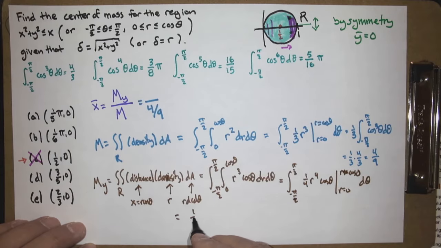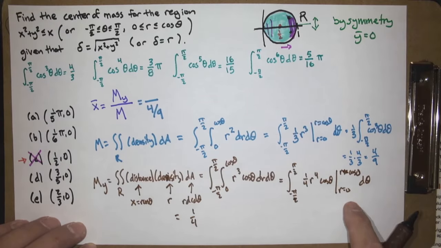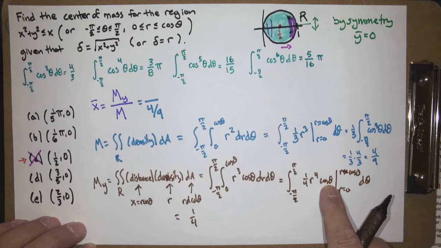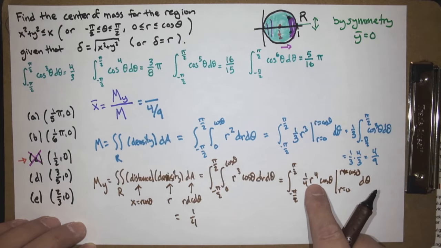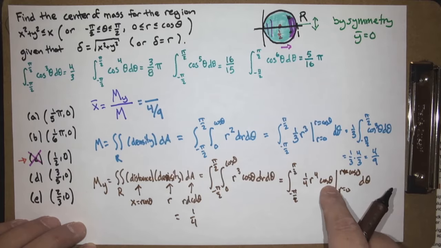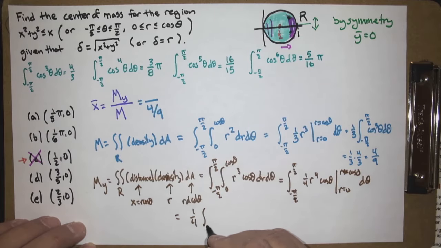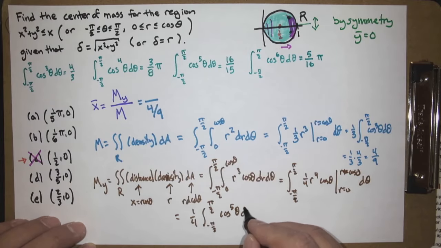Well, the 1/4 we can pull out. When you plug in 0, you get 0. When you plug in cosine theta for r, you get cosine to the 4th theta, but there's another cosine theta. So that gives us the integral from negative pi halves to positive pi halves of cosine to the 5th.